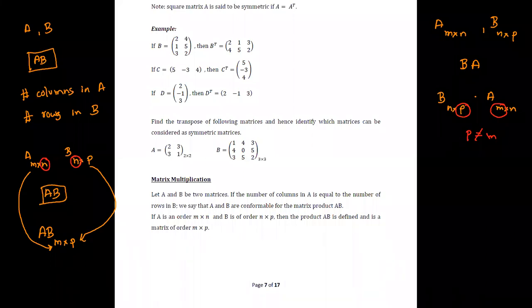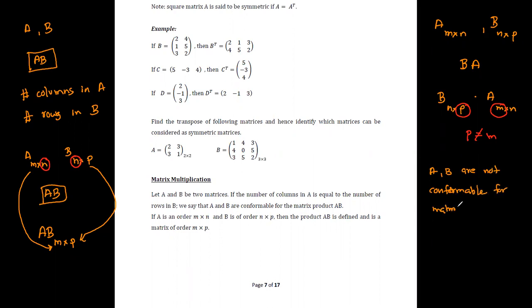Therefore, the condition is not satisfied, so we can say that A and B are not conformable for the matrix product BA. This is how we identify whether matrices are conformable for a product.